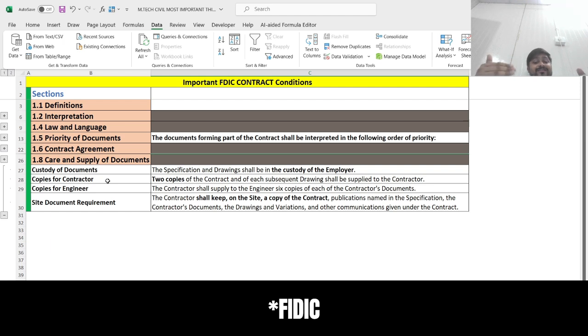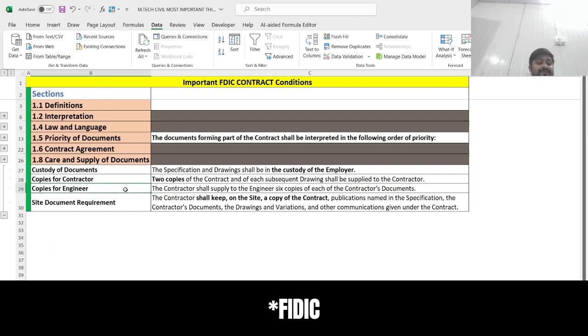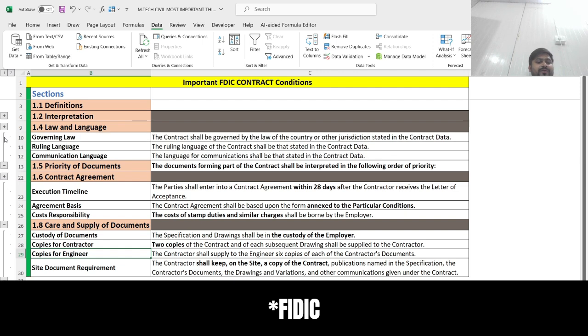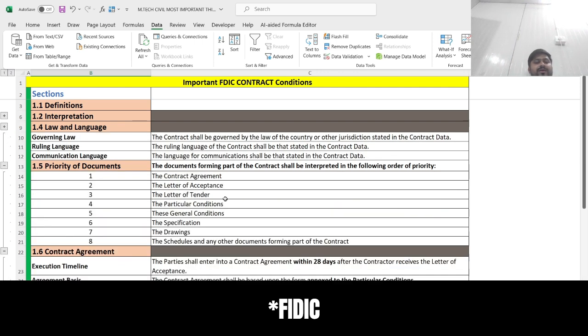And you have to focus on this: six copies of each contract document, whatever listing you have seen here in the priority of documents, shall be supplied by the contractor to the engineer, and the cost will be borne by the contractor only. This is the thing that you have to take care of.